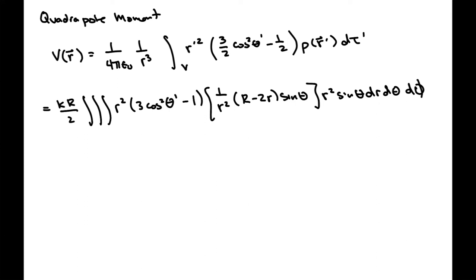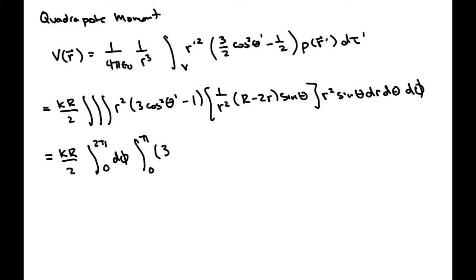Okay, so let's go ahead and split that integral up into things that we can evaluate. Again, we still have no phi dependence, which makes that part nice and easy. This guy, we're going to pull all the terms that have theta in it.